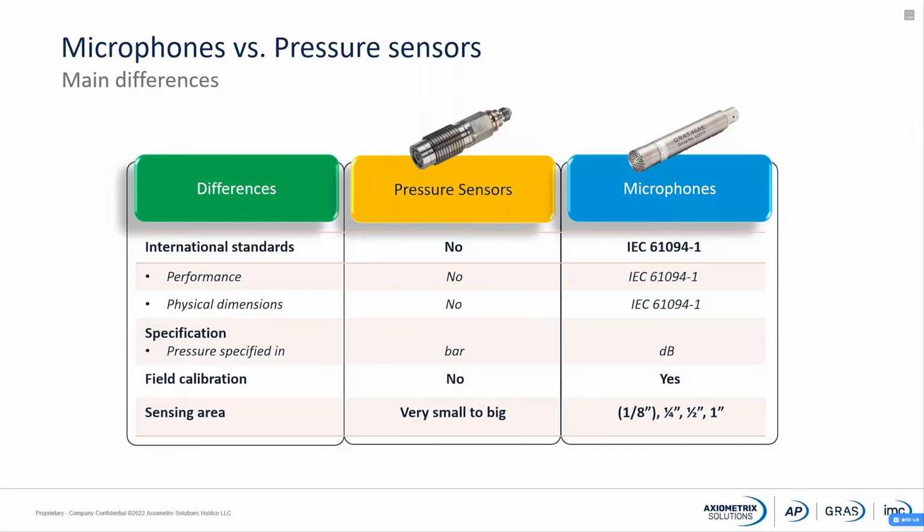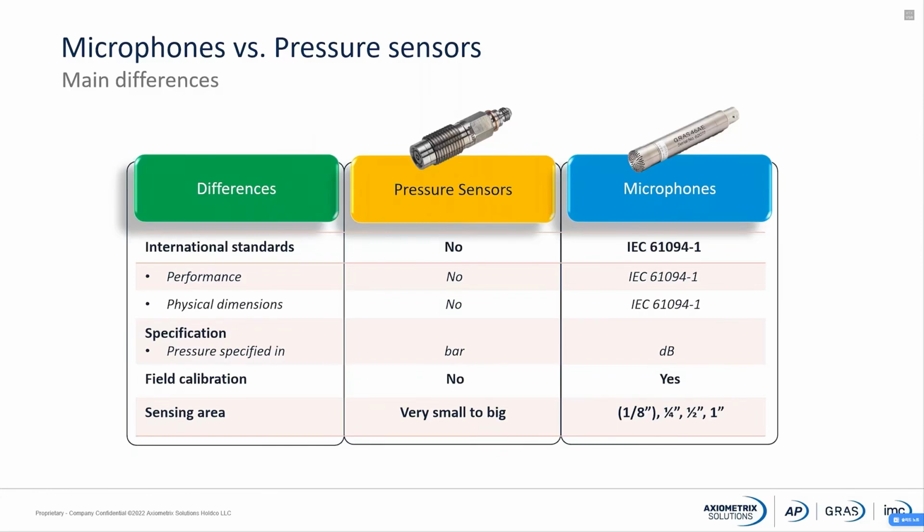It is for liquids, for hydraulics, and so on and so forth. So it is a little bit more complex to do a standard for that. For the microphones, on the other hand, it is very well defined in the IEC standard. So if they're following the IEC standard, then they're also performing equally or totally the same.